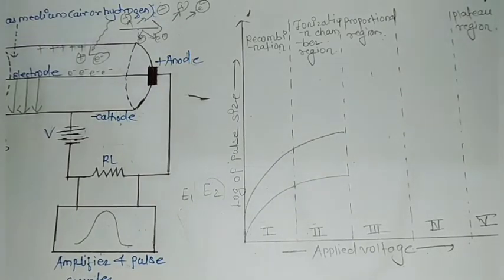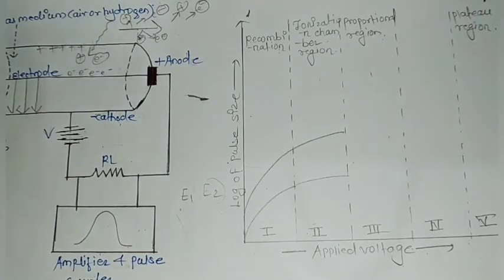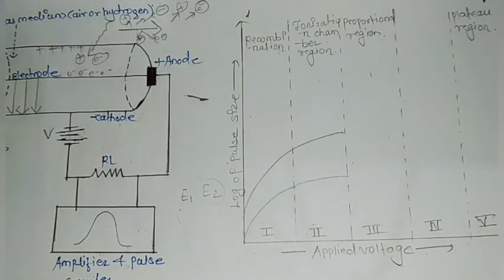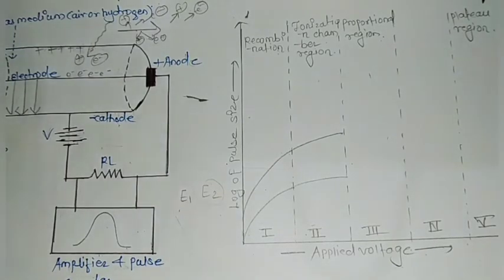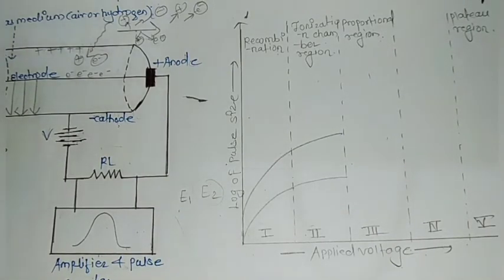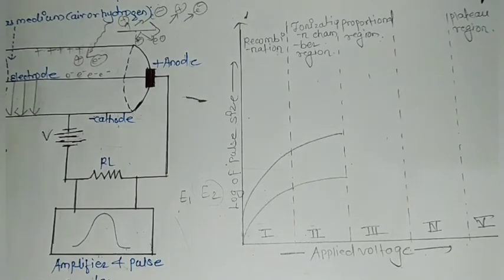So as we increase the voltage, the energy of the electrons and the ions becomes so high that they themselves cause secondary ionization, thus increasing the total number of ions and leading to an increase in the current pulse itself.